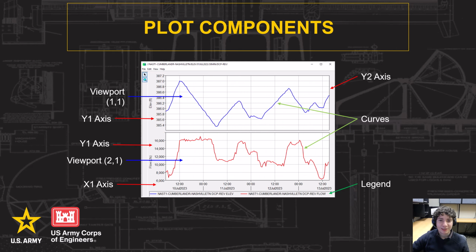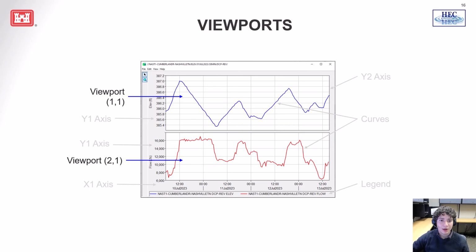Now this brings us into the different components that are within a plot. The plotting components are organized within viewports. These viewports are labeled X, Y, or the row, then the column. So for example, this viewport on the top, which contains this curve and graph, is labeled viewport 1-1, meaning that it's within the first row in the first column.